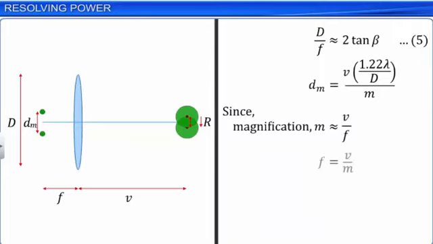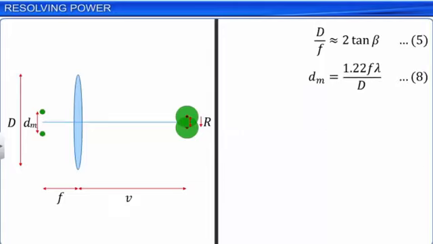Therefore, dm is equal to 1.22 fλ/d. Let this be equation 8. From equations 5 and 8, we get dm is equal to 1.22 λ/(2 tan β). For smaller angles of β, tan β is equal to sin β approximately.